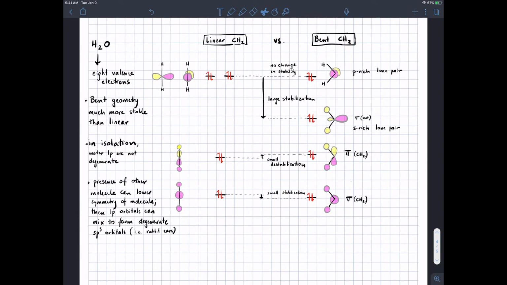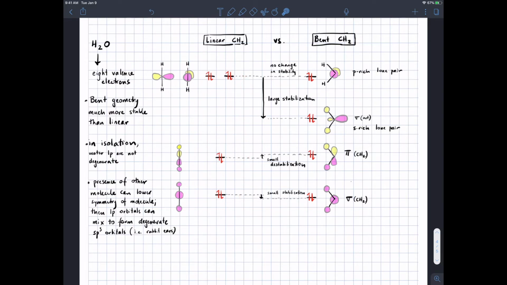On the left are the orbitals you would construct for a linear arrangement of carbon and two hydrogens. You've got a bonding sigma type orbital, you've got a bonding pi type orbital, and then you've got two unhybridized p orbitals. And if you were to fill them up, for example, in water, this is what you would get.